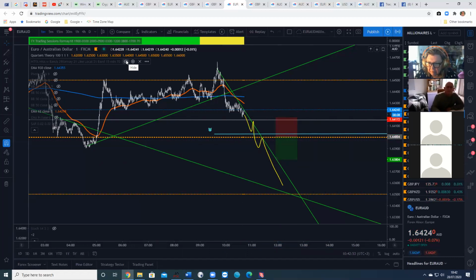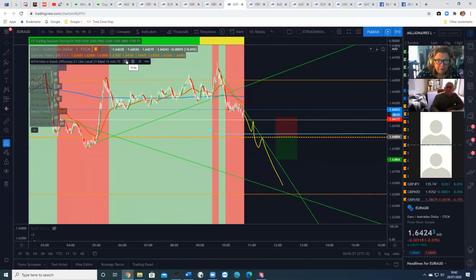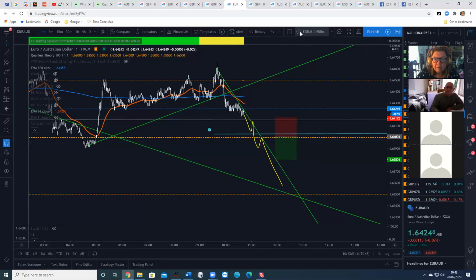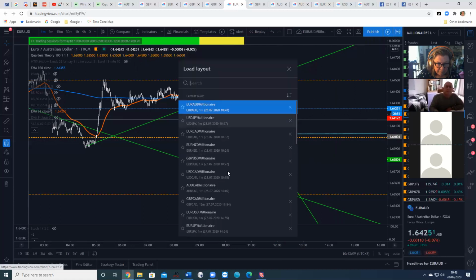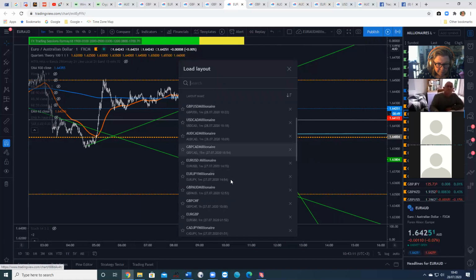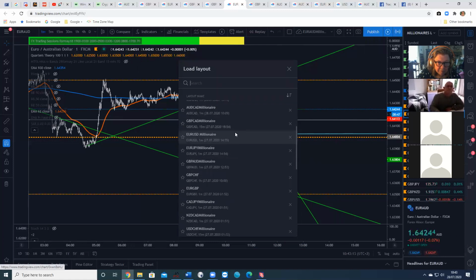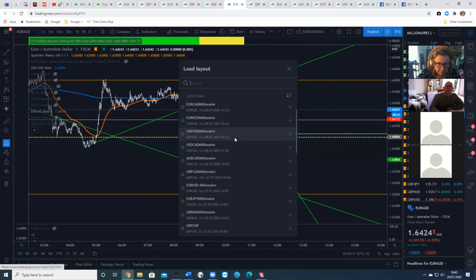So I'm going to look at that at 1.64000. So that's saying red on the 15-minute. That's EA. Come down to the bottom.